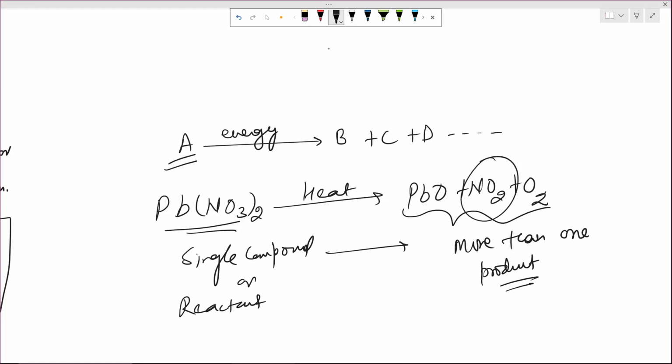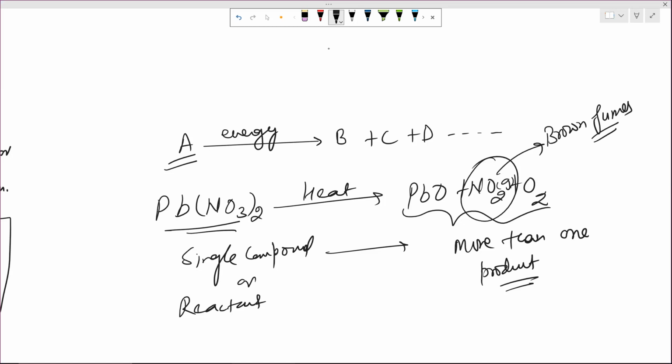Sometimes the question comes for this NO2. This NO2 is a gas which has brown color fumes. So if the question comes that when lead nitrate is heated it gives brown color fumes, we note down that the brown color fumes are due to nitrogen dioxide.